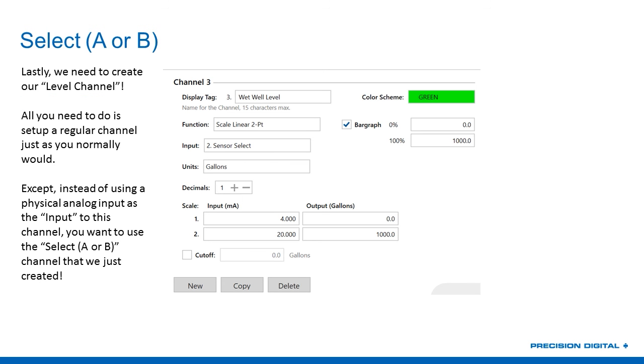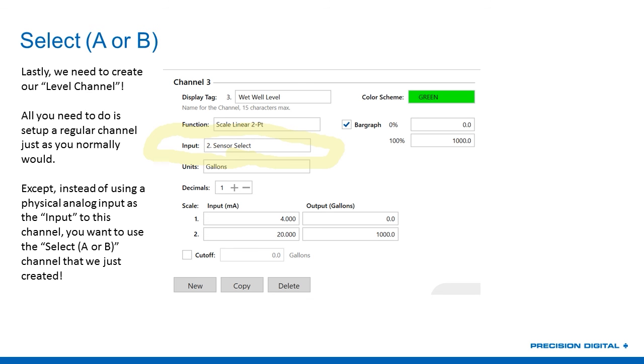The next step is to create your actual level channel. Okay? And we're going to set this up just like you would any other level channel, except the input to this channel is going to be that Select A or B thing that we just did on the previous slide. So that channel is actually going to be the input to this level channel.